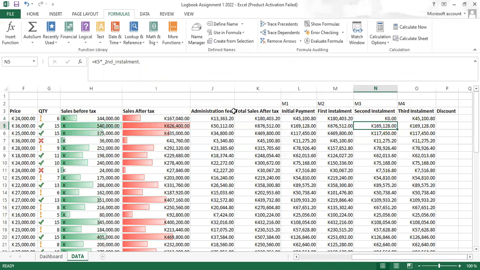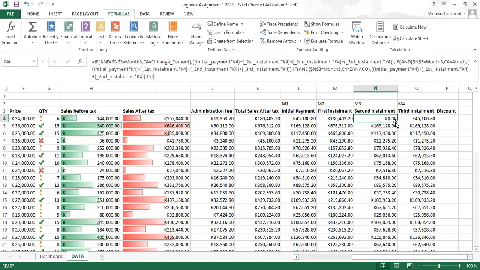Because on top, in my first line, there's Trade King. So Trade King has not paid a second installment because they've already finished paying. And APSA also. Zanaco will just give you the total installment so far paid.